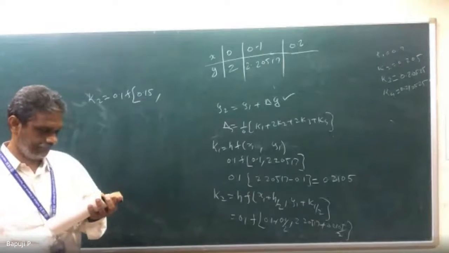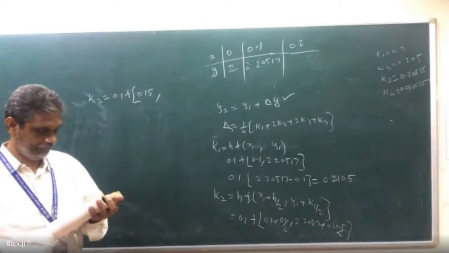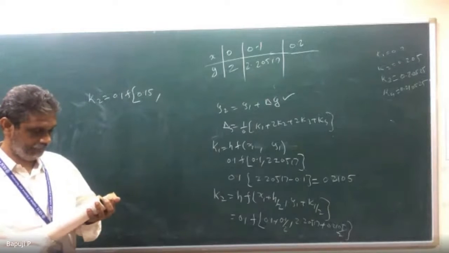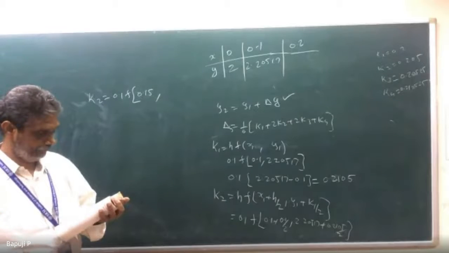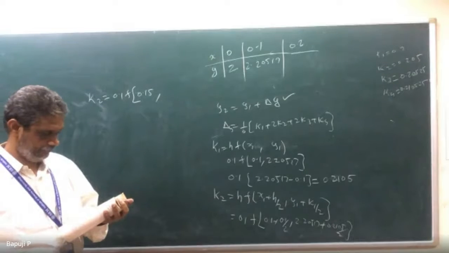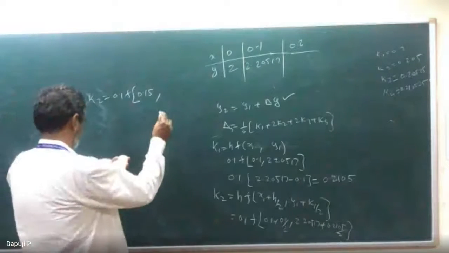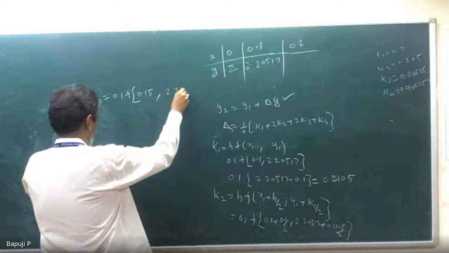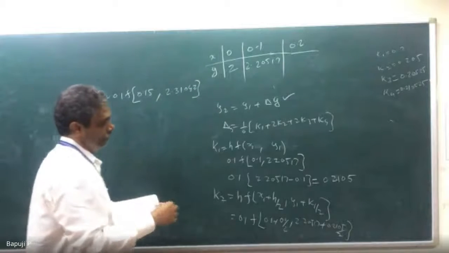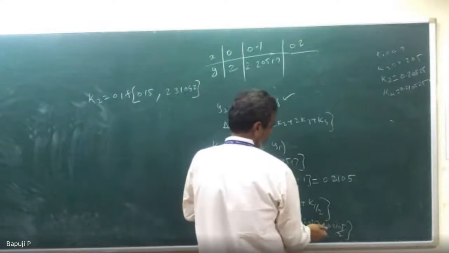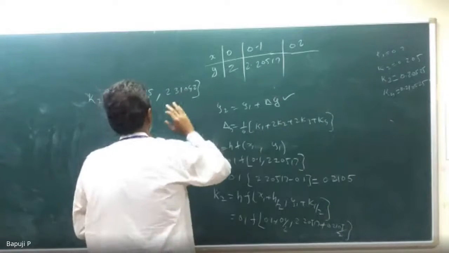Then this value, what you got? So 2.20517 plus 0.2105 is equal to 2.21042.